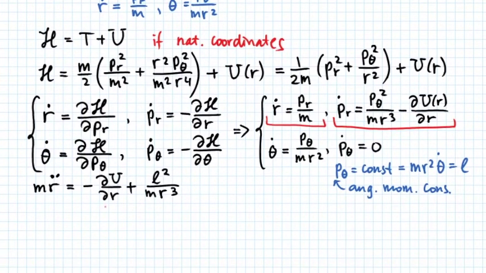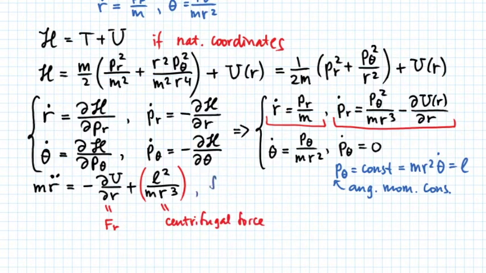We recognize the first term here as the radial force. The second term we can recognize as the centrifugal force. We can use this equation to find r as a function of time. The second equation is theta dot equals the constant L divided by m r squared.